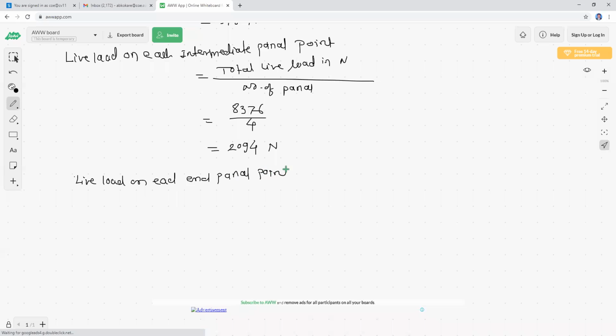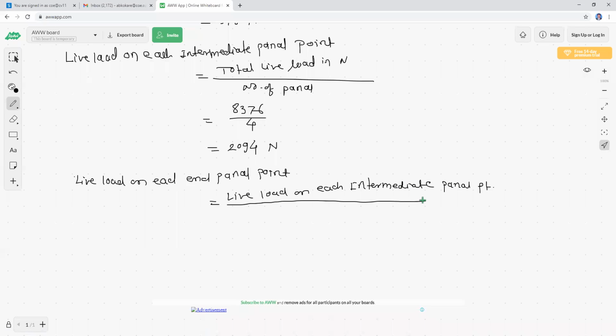Live load on each end panel point is equal to live load on each intermediate panel point divided by 2.